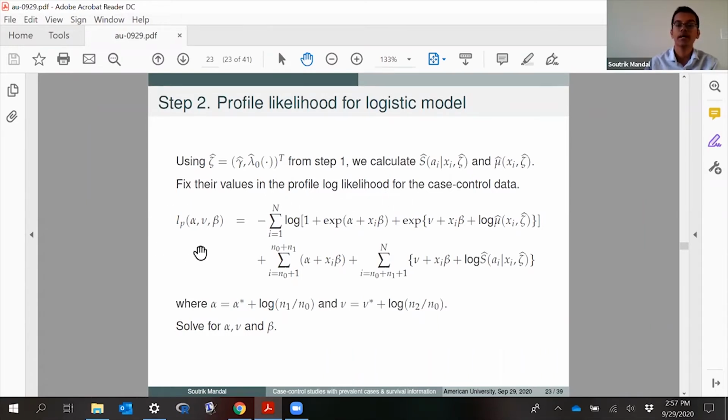This is the same profile likelihood that I showed you before. However, now the zeta parameters, the S hat and mu hat, have been fixed at the estimated values. And now we solve for the rest of the parameters, alpha, nu, and beta. And our interest is in the beta parameter.